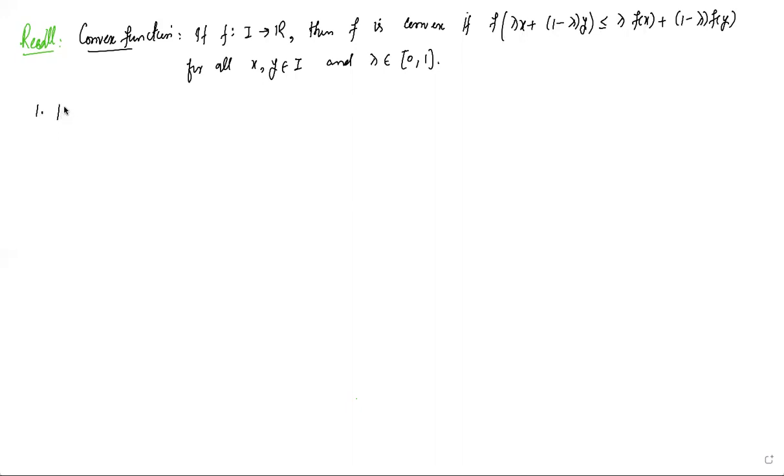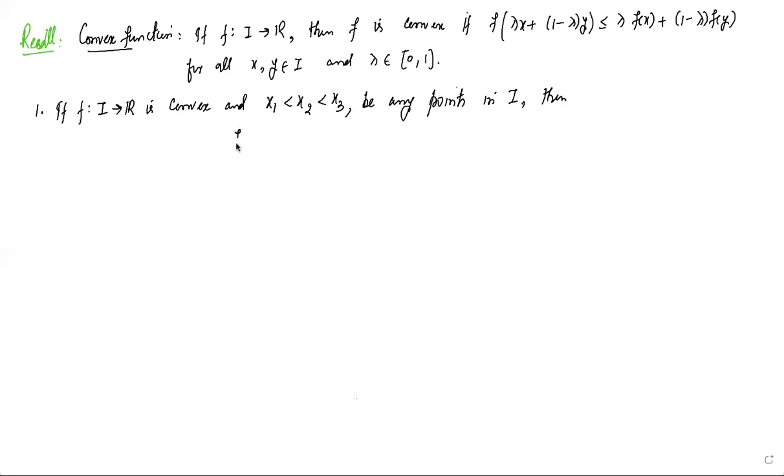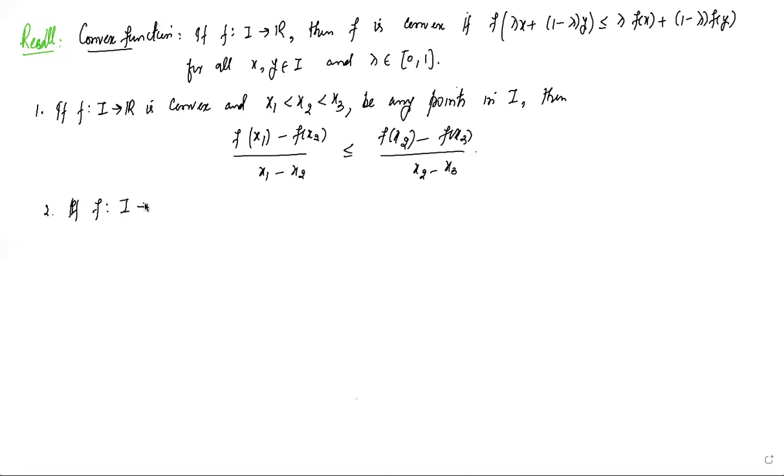One of the results was that if f from I into R is convex and x1 is less than x2 is less than x3 be any 3 points in the interval I, then such a convex function always satisfies f of x1 minus f of x2 divided by x1 minus x2 is less than or equal to f of x2 minus f of x3 divided by x2 minus x3.